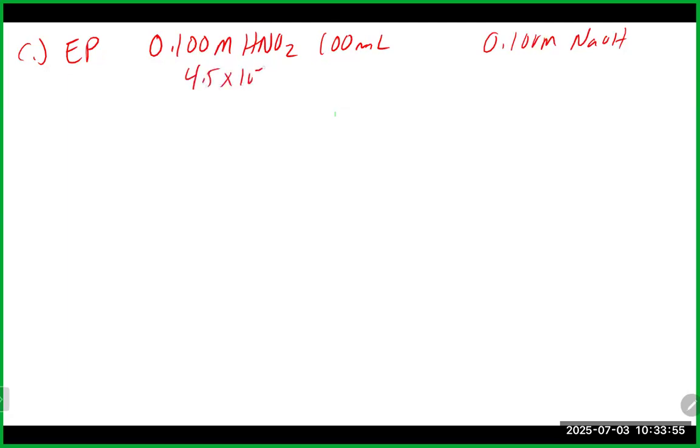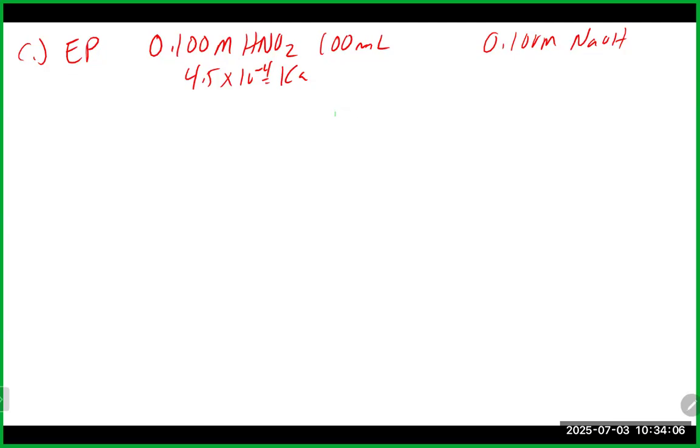And again, we have our 0.1 molar HNO2, and we have 100 milliliters of it. We also are using 0.1 molar sodium hydroxide and our 4.5 times 10 to the minus 4 Ka value. There are several ways you can figure out the volume to reach the equivalence point.